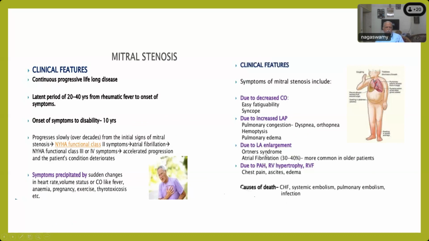And due to other mechanical effects, there are Ortner syndrome, compression of the left laryngeal nerve, and atrial fibrillation, more common especially in older people. And RV hypertrophy and RV failure can produce chest pain, ascites, and edema, features of right heart failure. And the cause of death in mitral stenosis is usually congestive heart failure or systemic embolization, pulmonary embolism, and infection.